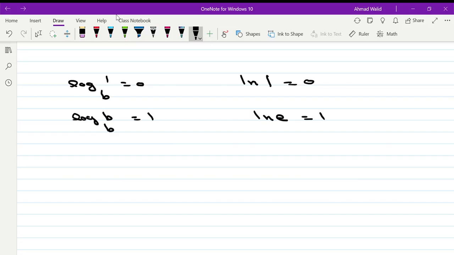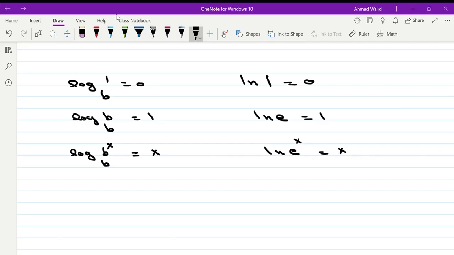Because ln of e actually means log e base e. Right? When log e base e is what? 1. Number 3, for example, you had log of b to the power of x base b, correct? And your answer was x. Here, ln of e to the power of x is always what? X.